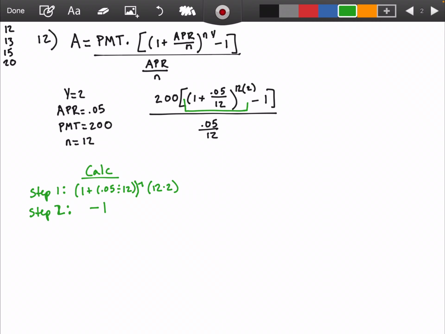And now I'm just going to do times 200. And then I'm going to hit divided by 0.05 divided by 12.